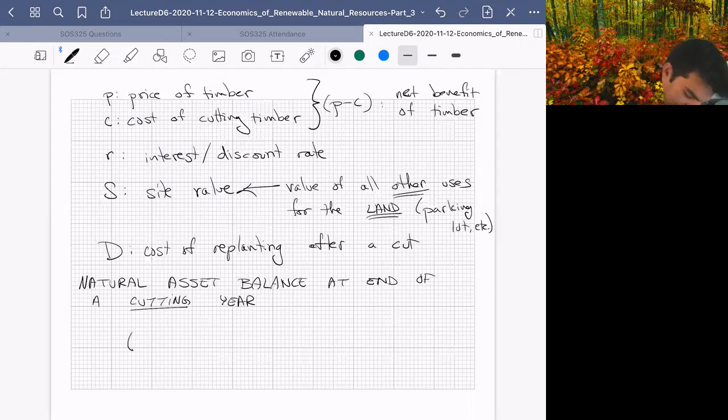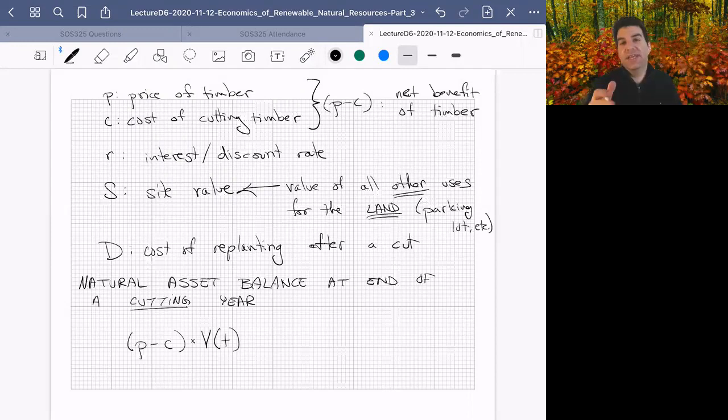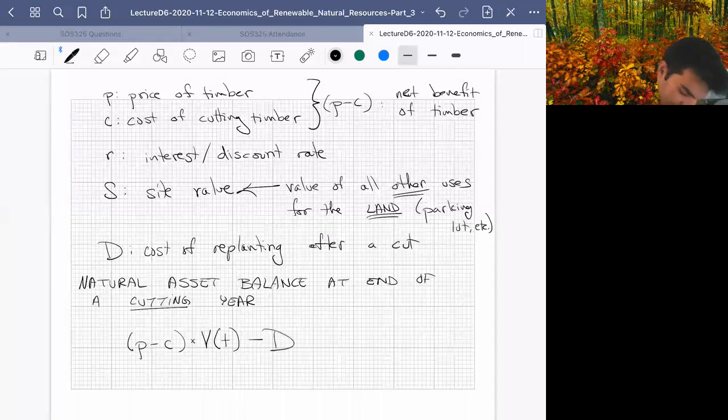We can view it as P minus C times the volume that we've cut. But then we need to replant, so we subtract off the D. So this right here is the net benefit of cutting.